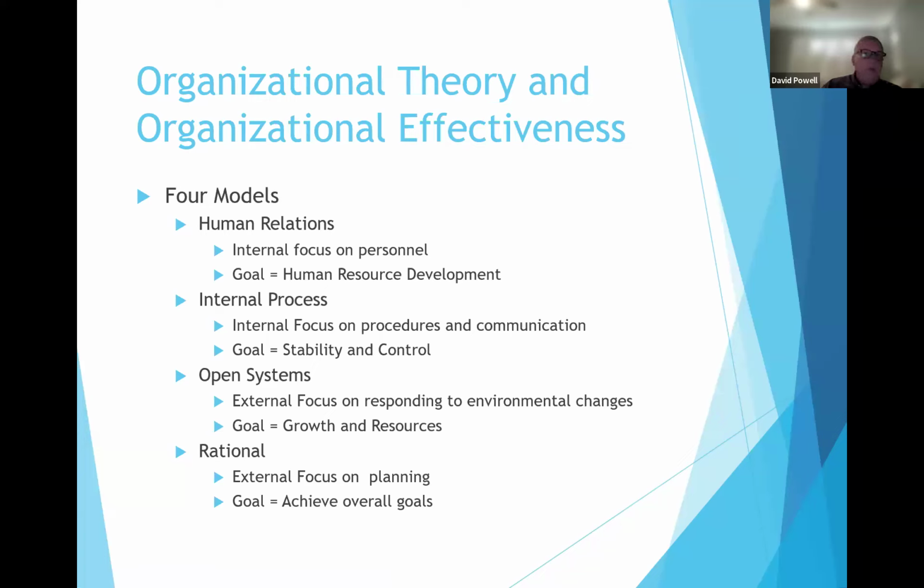And the way in which you measure their effectiveness is in how well they have grown as an organization through acquiring resources from the environment. So theories that define effectiveness as acquiring resources from the environment are the ones that are going to fall in this open systems model, sometimes called systems resource.